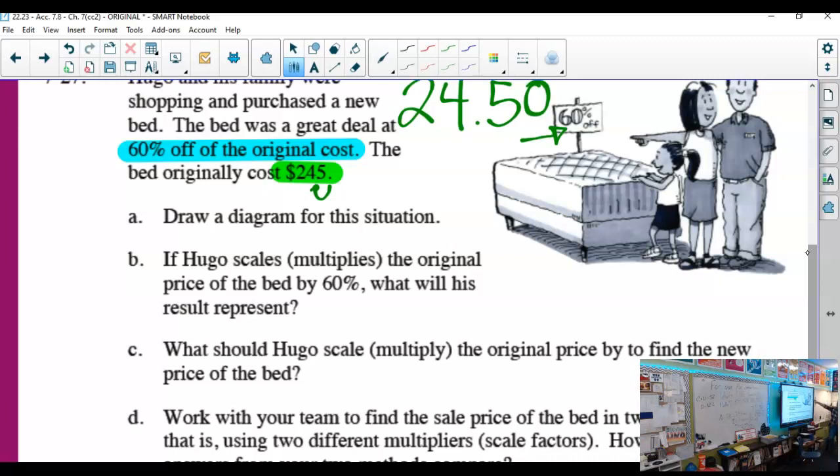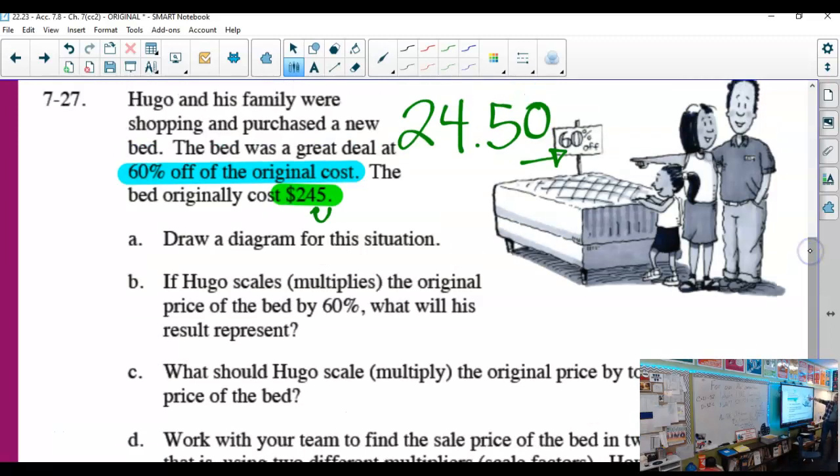Guys, if it's 60% off, what percent is on? 40. If you subtracted, you're silly. You're working too hard. Turn on your brain. If it's 60% off, it's 40% on. If I find that 10% is 24.5, what should I do with this?